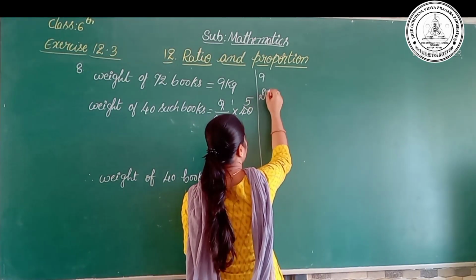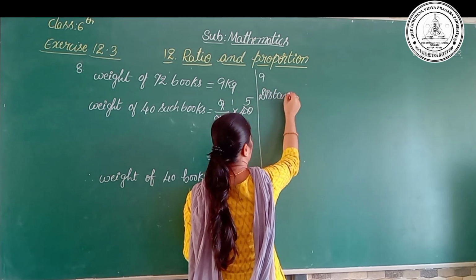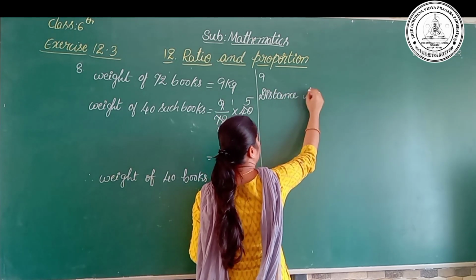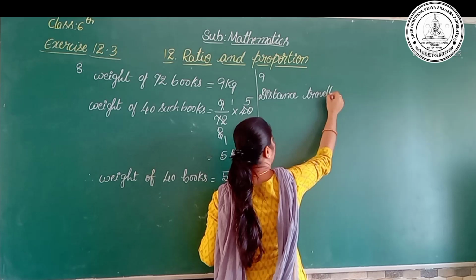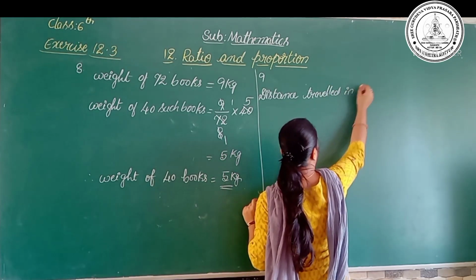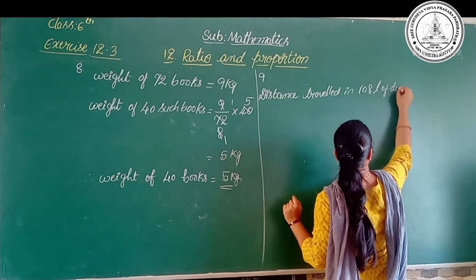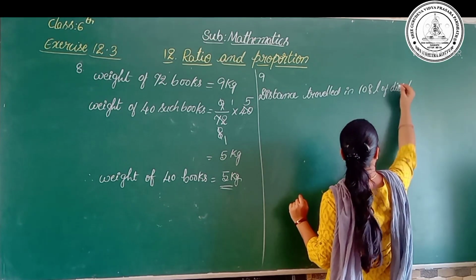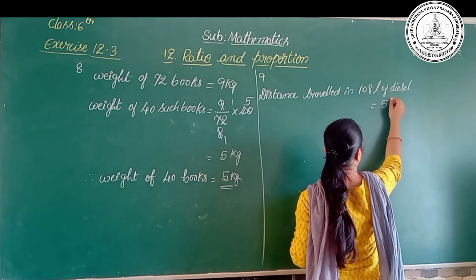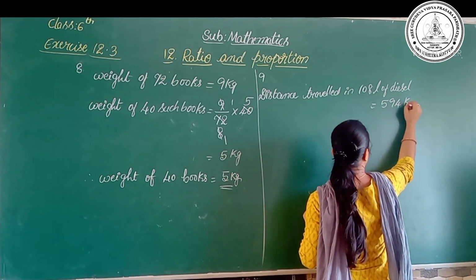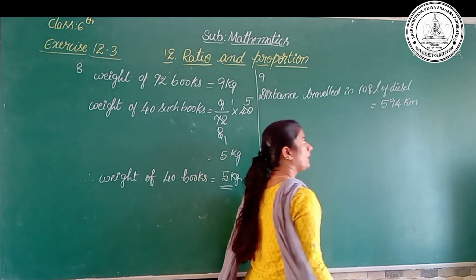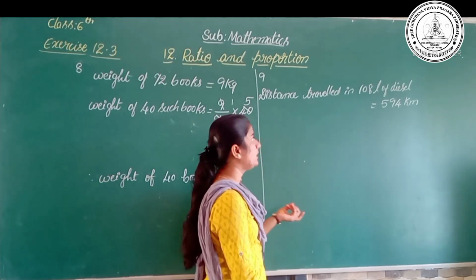Distance traveled in 108 liters of diesel is equal to 594 kilometers. Next, we write the number of liters of diesel required to cover the distance of 1650 kilometers.